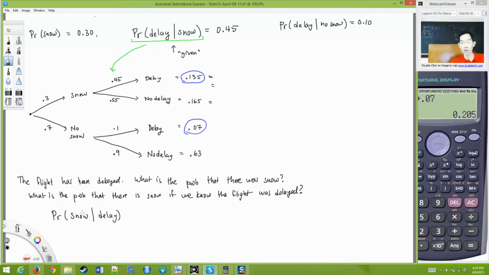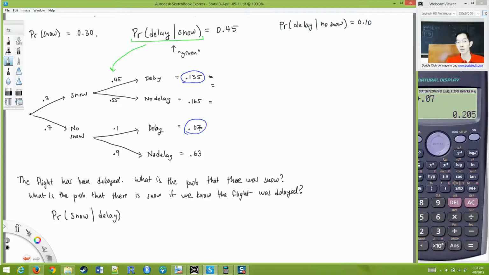So notice that this is different from this. Where the events are in relation to each other around the vertical bar, standing for given, changes. Okay, this says if there's snow, then the probability that there was a delay is 0.45. Now we're saying if there was a delay, the probability that there was snow is this number. So to get this, we're limiting ourselves to just the world where there has been a delay.